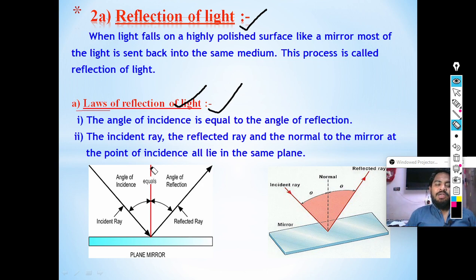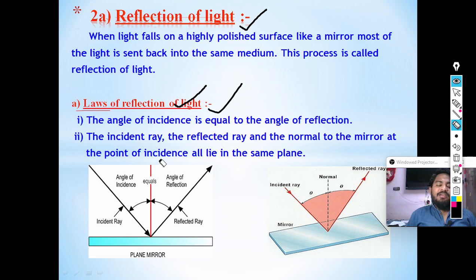So I hope you understood why we use the normal, right? To address the incident light ray and the reflected ray. What is the incident light ray? The light which is coming from the source and falling on any surface is called the incident light ray. What is the reflected ray? After incidence, the light which is bouncing back into the same medium is called the reflected ray.